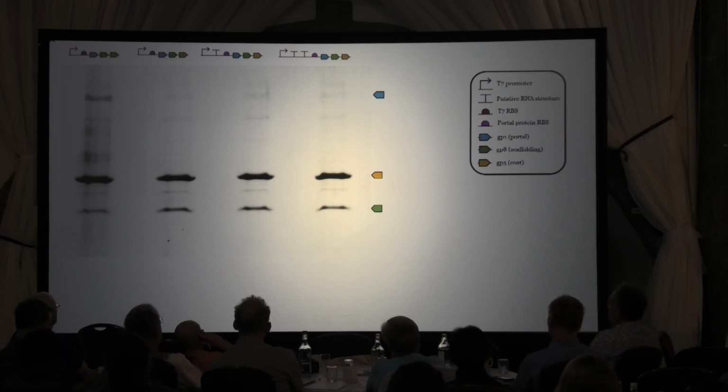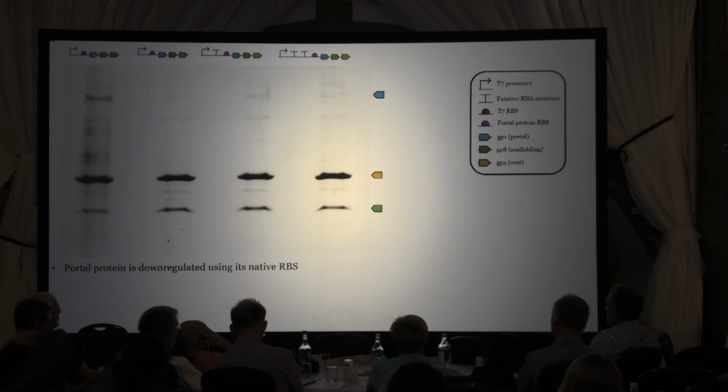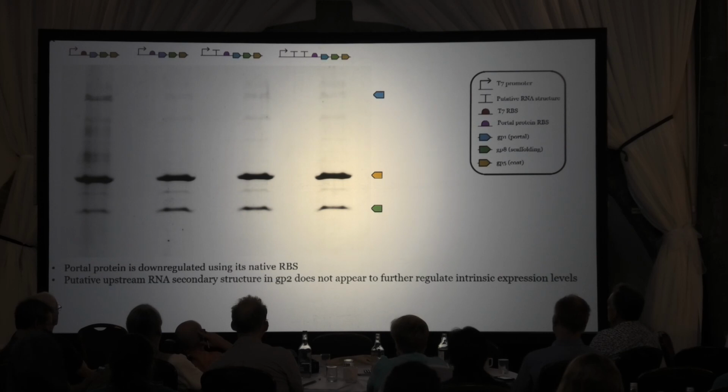The first one is the original procapsid assembler using the T7 ribosome binding site. And portal protein is downregulated using its own native ribosome binding site, which would also be suggested based on the sequence, that it's a weaker ribosome binding site, and that is shown to be true.